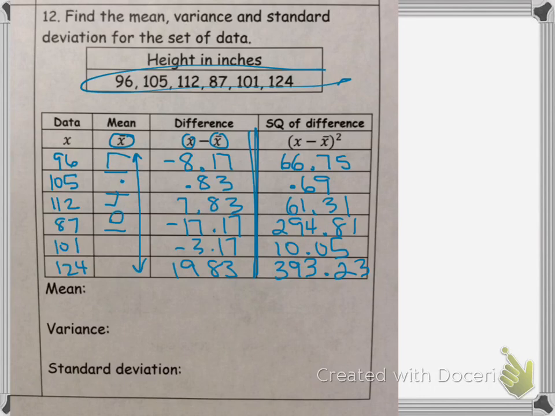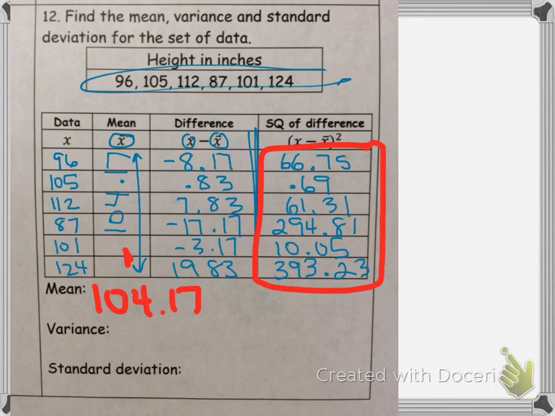Now, if you remember how to get our answers here, the mean we already found, it was 104.17. We found it right here in this column. The variance is when we take the average of all of these numbers right here. So we're going to add those together and divide them by 6. So take just a minute, plug those on your calculator, and divide them by 6.